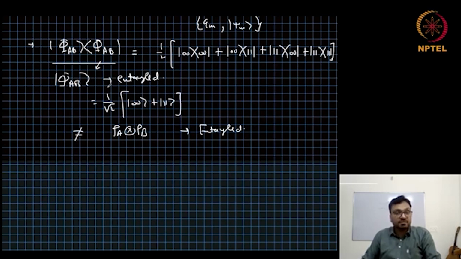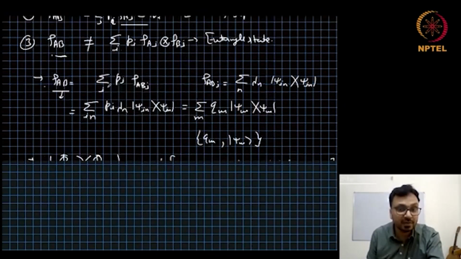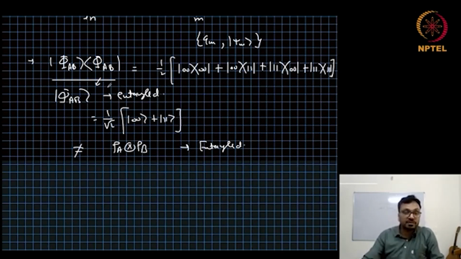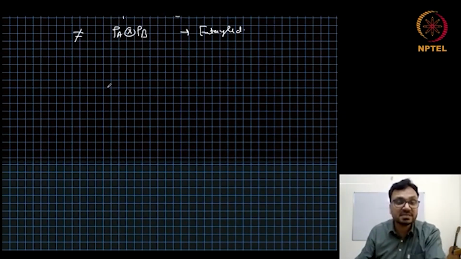A unique way of having the separable state decomposition for such cases will be the product form, rho A tensor rho B. Hence, phi AB can only be written as rho A tensor rho B if at all. And as we know from our pure state experience that this cannot be written as some eta tensor xi, hence the density matrix corresponding to the pure state cannot be written as rho A tensor rho B. In this way, we have an example where the state does not possess a separable decomposition.